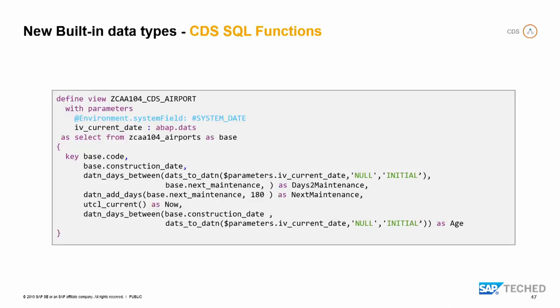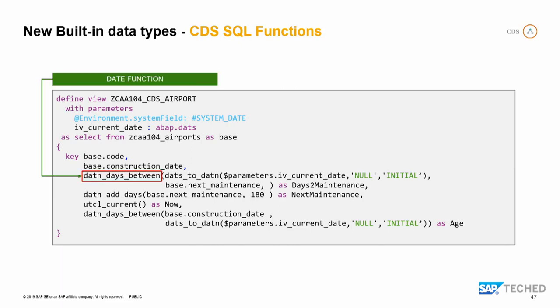How do they look? Here we have a sample consuming them inside a CDS view. Here we can see, for example, one function, days between. Inside days between, in the second sample, we can use this conversion function again. In this context, we are using some intentionally mixed types to force the need for conversion.